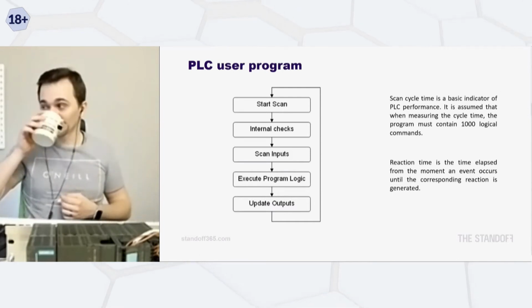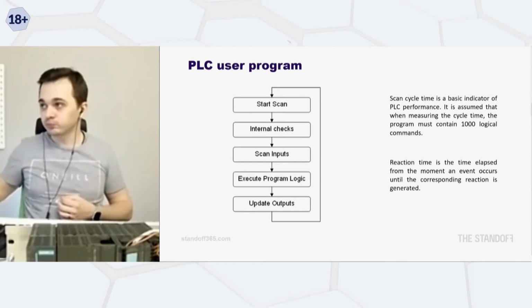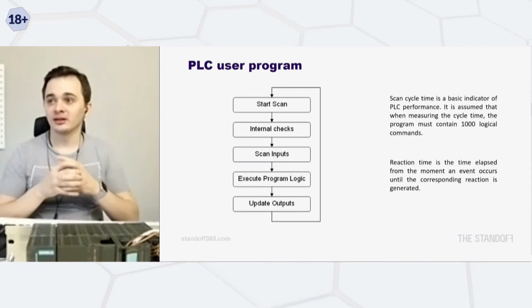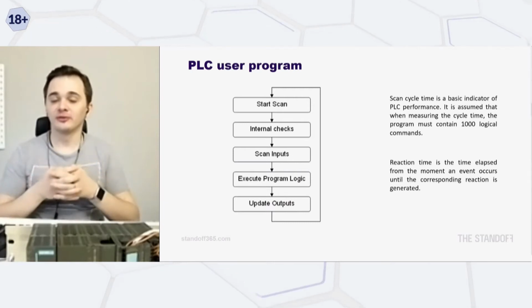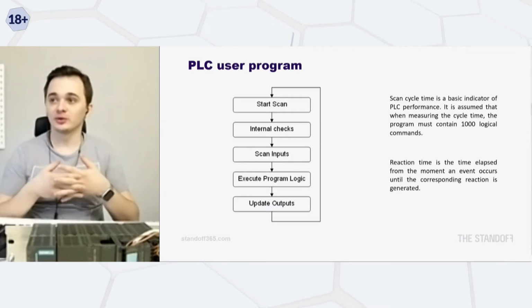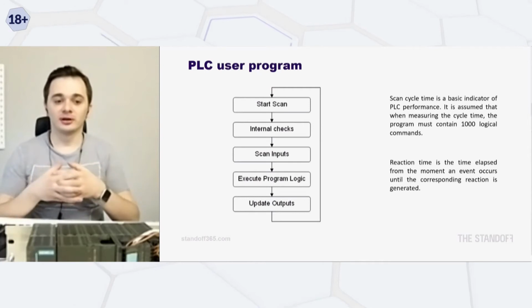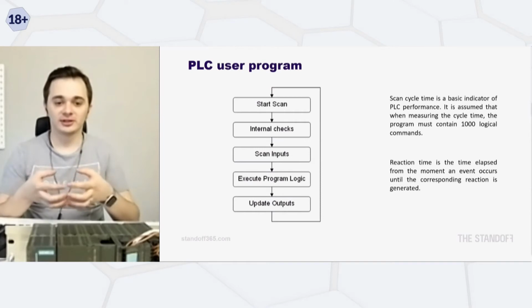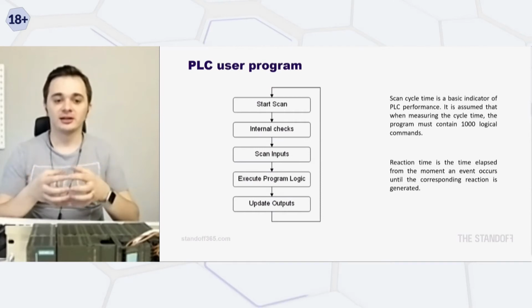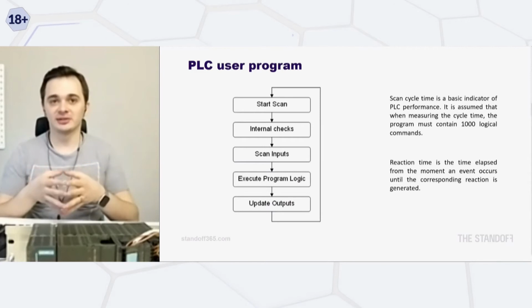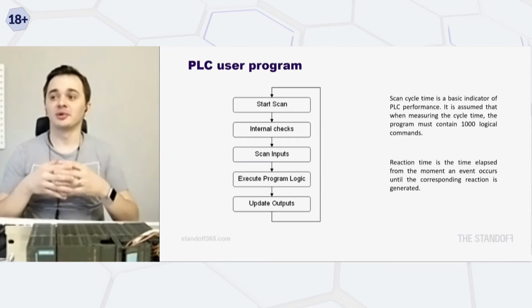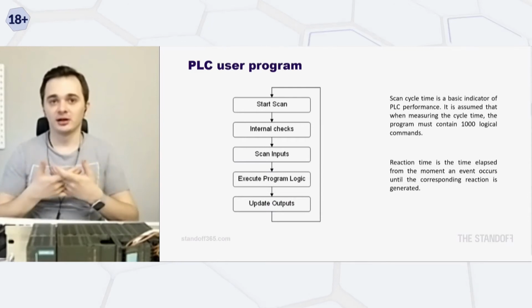So we have been saying that in the PLC, some kind of program is running. So how does it function? This program, in the beginning of the cycle, does internal checks. After that, it does the so-called input scan. The state of inputs is recorded in the PLC memory cells.